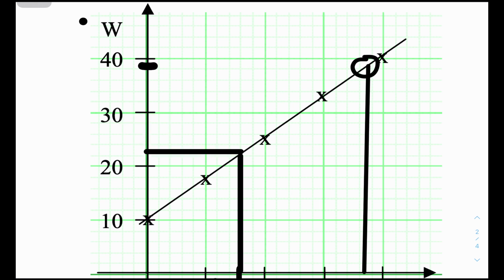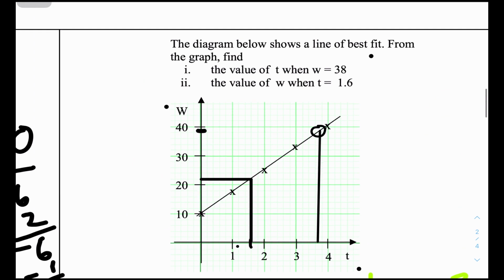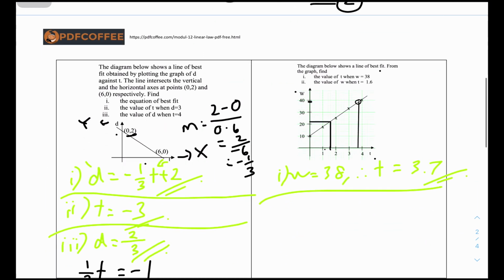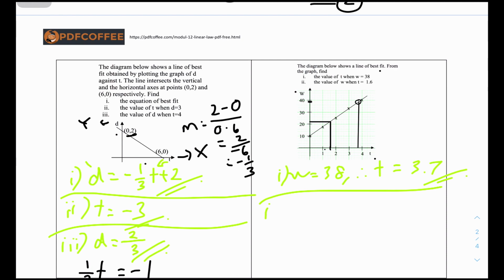Let's just redraw it from here, like so. As you can clearly see, when t equals 1.6, w will be 22. So therefore, let's just write it out. When t equals 1.6, therefore w will be 22. And that's the answer.